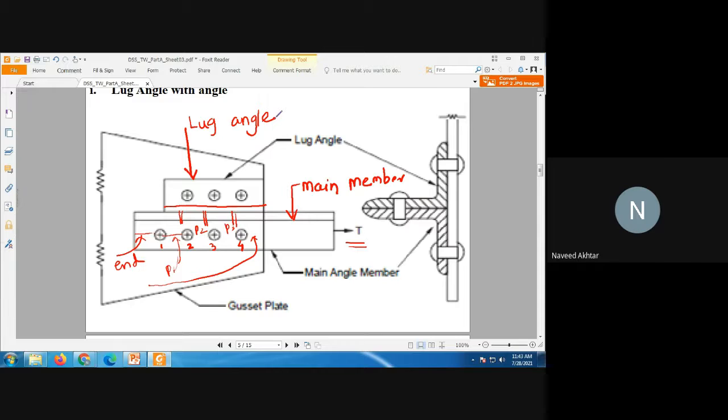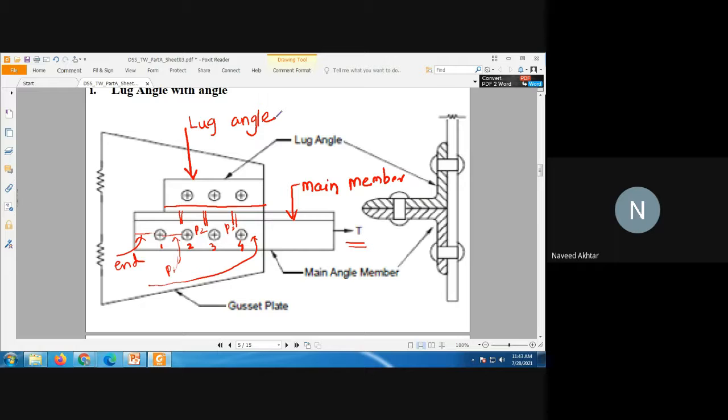Here you can see the lug angles are nothing but provided when the length of connection is short. हमको लेंथ ऑफ कनेक्शन ज़्यादा चाहिए, लेकिन वो शॉर्ट हमको मिल रहा है, हम ज्वाइन कर रहे हैं, तो उसके लिए एडिशनल एंगल हम लगाते हैं ताकि हमारा जो कनेक्शन का रिक्वायरमेंट है वो कंप्लीट हो जाए.